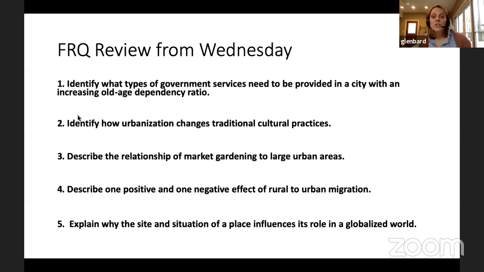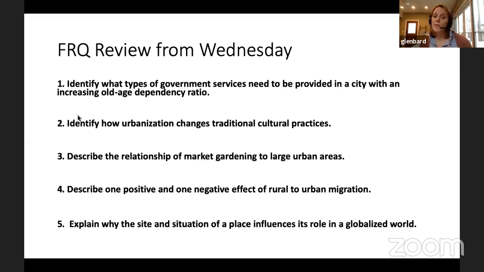Identifying how urbanization changes traditional cultural practices. Again, I would say 1 to 2 sentences here. You're really just looking at the difficulties of holding on to your traditional cultural practices in an ever-changing world when you're met with a lot of different people.